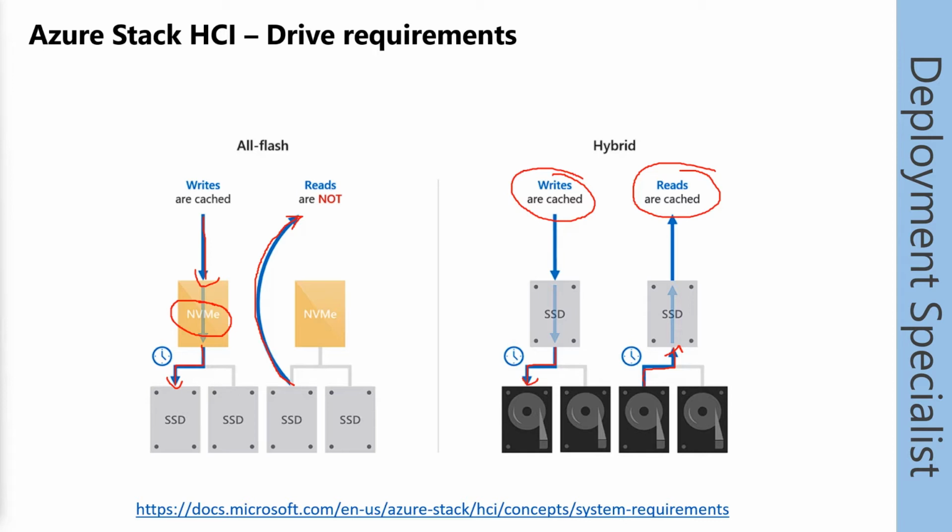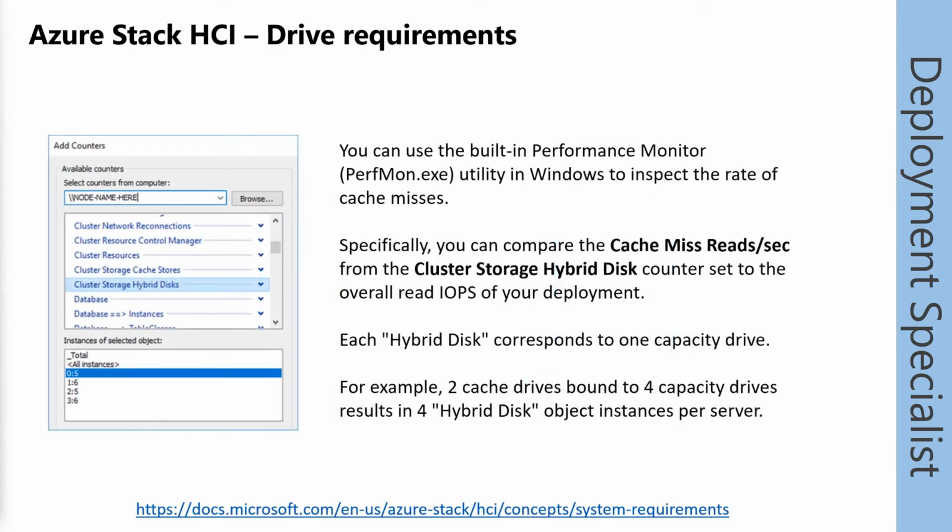When you want to have a look at this configuration, you can do this in the perfmon, because there will have additional counters for this cluster storage hybrid disks. What we have seen are hybrid disks, and these disks are visible in the perfmon, where we can get the counters to see the throughput.